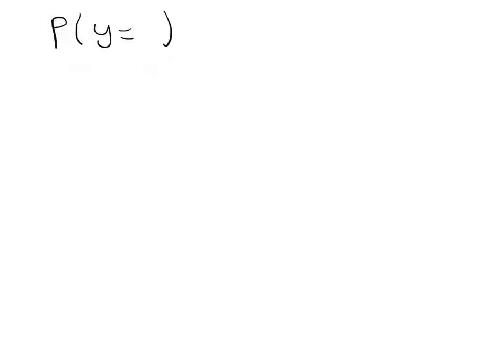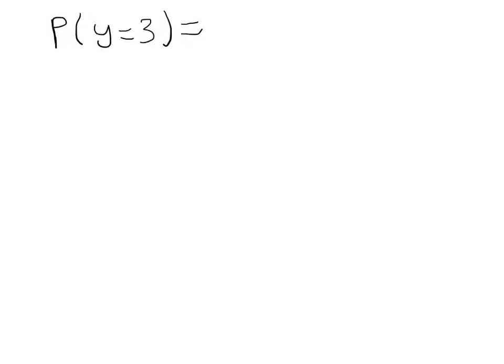Let's compute the probability that y is 3. So remember, if we think back to 15, 20 minutes ago, we defined y to be how many times you roll the die, and once you get a 4, you're going to stop. So if y is 3, that means I rolled the die 3 times, and on the 3rd time I got a 4.